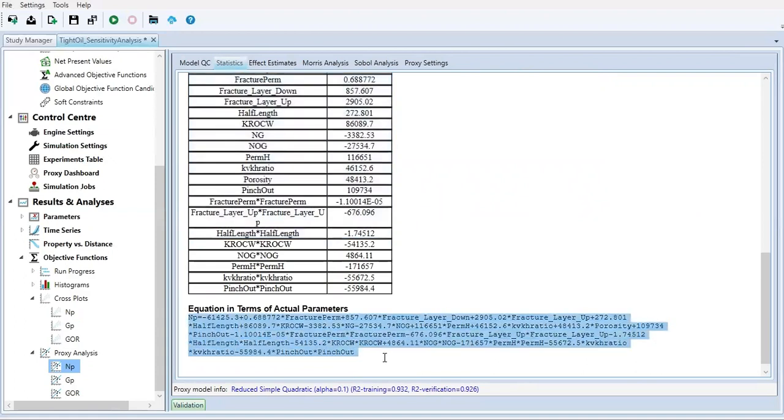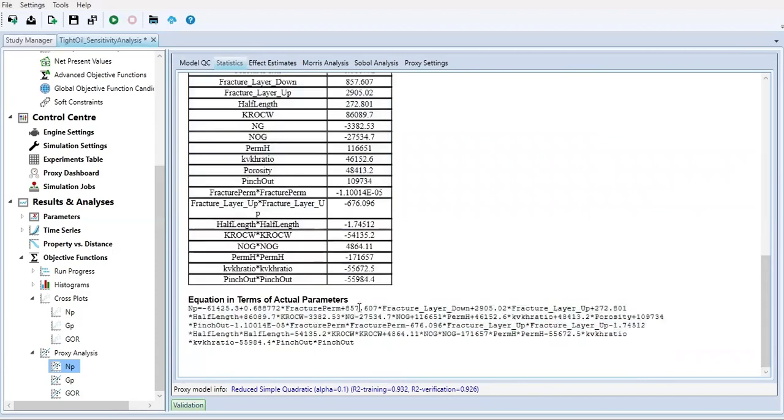So maybe I can say one of the most important things using CMOS is this equation. Instead of running the simulation, I can use this equation to predict instantly the cumulative oil production using this equation and the data that I have.